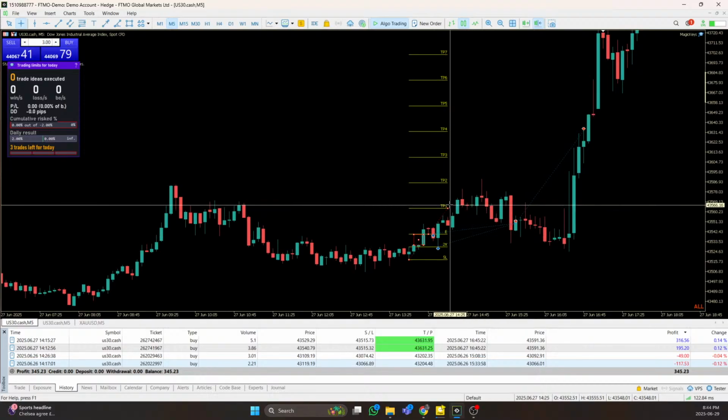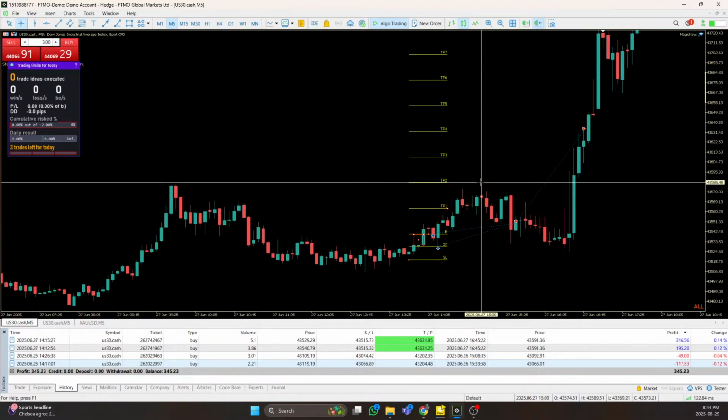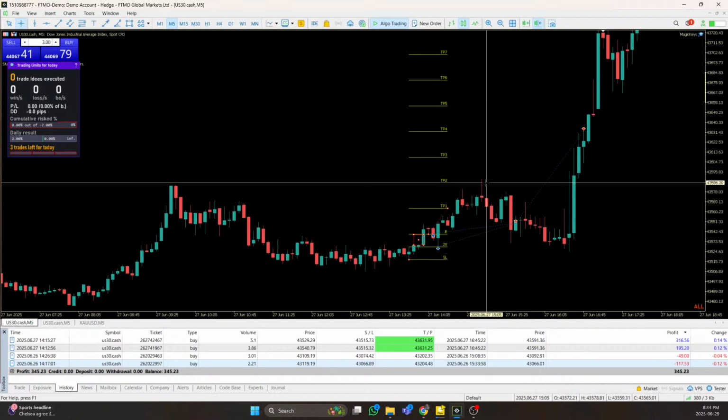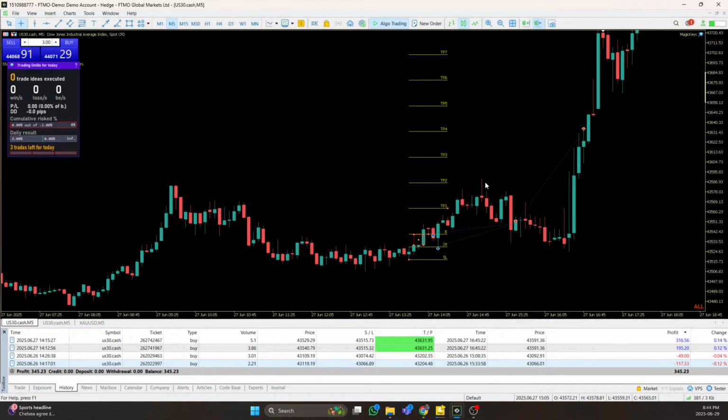Anyway, it went up to TP2 as well. I don't know why I did not close. Oh, I remember. Because I had put my stops over here and my TP2 was not there. So it was up here.